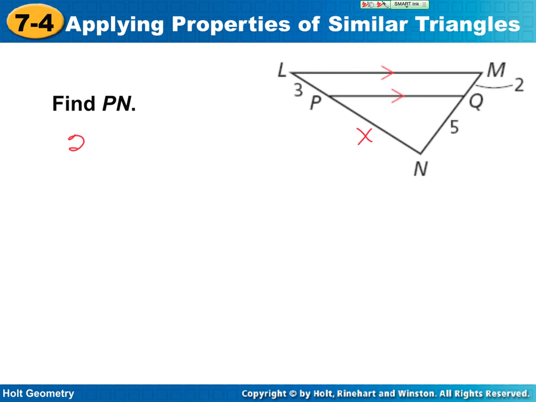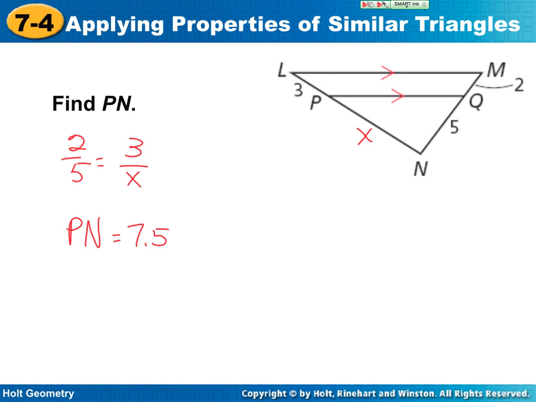So either 2 over 5 equals 3 over x, or completely upside down. Cross multiply. 15 divided by 2 is 7.5. PN would be 7.5.